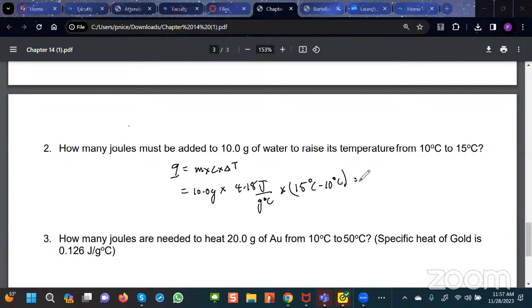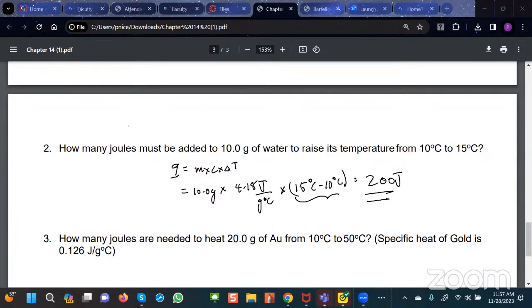And that's basically it as far as the setup is concerned. So 15 minus 10 is 5, times 4.18, times 10. So according to my calculation, this works out to be, how many sig figs here? This works out to be 1 sig fig. So basically this will be 200 joules. All right. So that's basically how that is done.